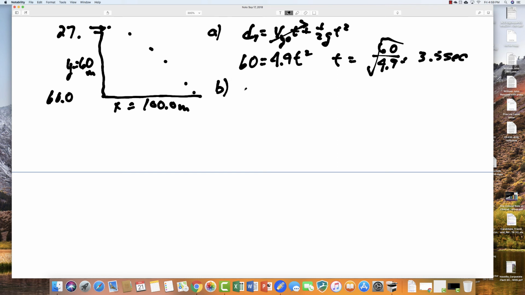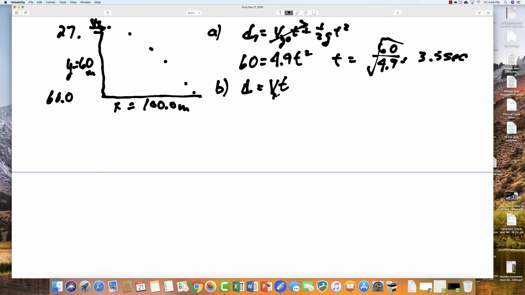The second question is, what must have been the original horizontal component of the velocity? So what is this Vx? Now we know Vy was 0, so what was Vx? Well, the distance that it travels is going to be Vx times time, because there's nothing acting to slow it down.